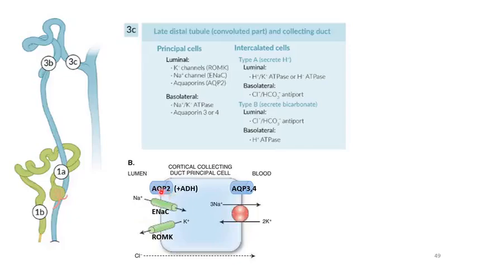They are inserted into the luminal membrane and provide a pathway for reabsorption of water. This type of aquaporin or water channel is AQP type 2 that is ADH dependent, but AQP type 3 and 4 are not ADH dependent and are always present in the basolateral membrane.